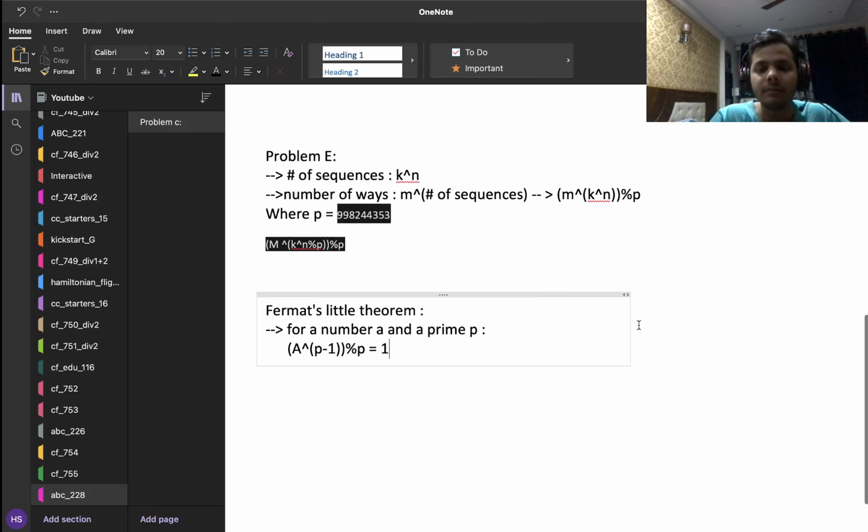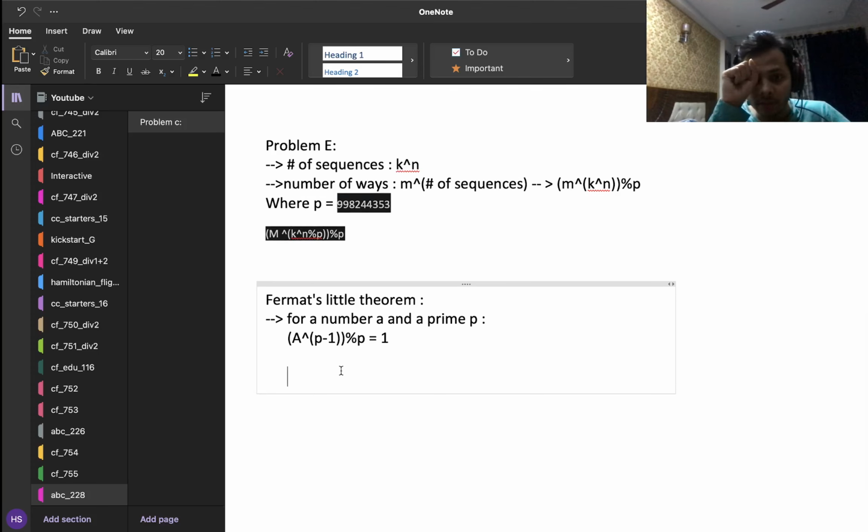And again, when we calculate modular inverses, this theorem is very useful because we know that the modular inverse of any number a is just a raised to the power p minus 2 modulo any prime, and that relation always comes using Fermat's little theorem only. Okay, so now we know this. So let's tackle what we want.